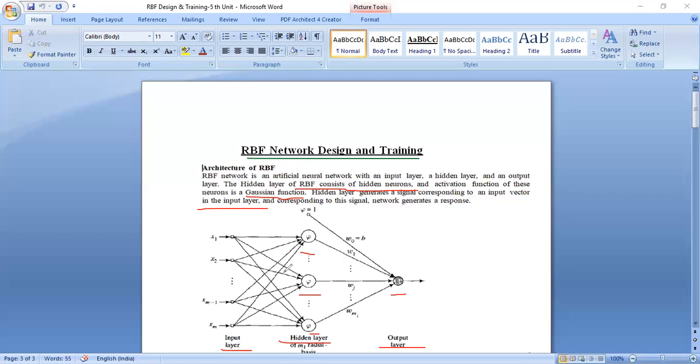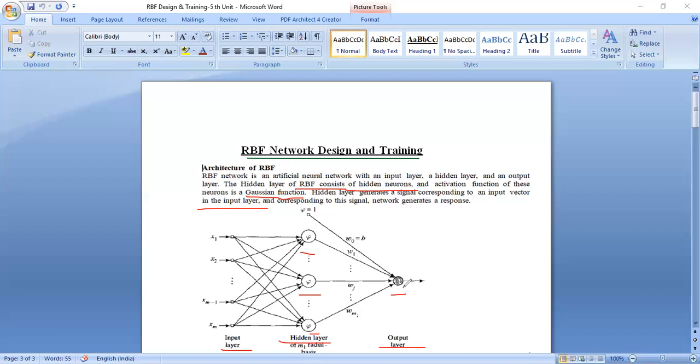The outputs of the hidden neurons are nonlinear functions. Those nonlinear functions can be calculated by using the bias value as well as the corresponding weights. Then at the output node, it is converted to a linear function.